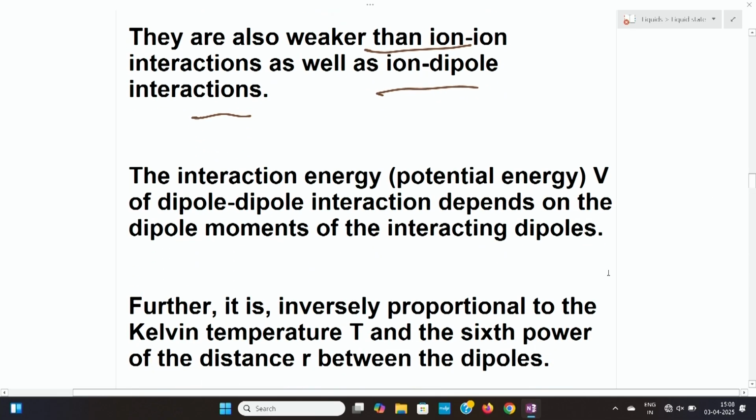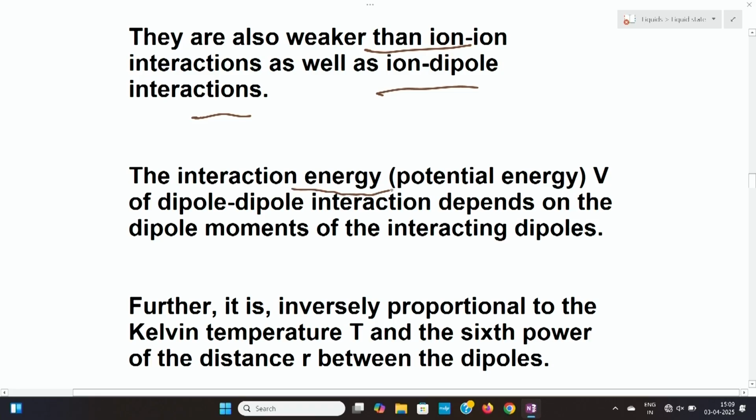Now, let us see the energy of the dipole-dipole interaction. The dipole-dipole interaction energy depends upon the dipole moments of the polar molecules. That means it depends on the polarity of that particular molecule. The potential energy V of dipole-dipole interaction depends on the dipole moments of the interacting dipoles.